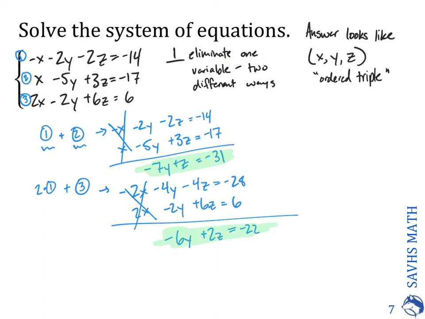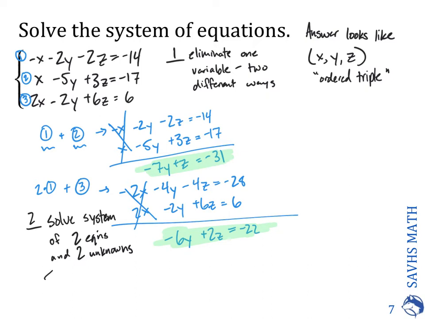Step 2 is to take those two things that I just highlighted and solve the system of two equations and two unknowns. And that's the stuff that's highlighted.